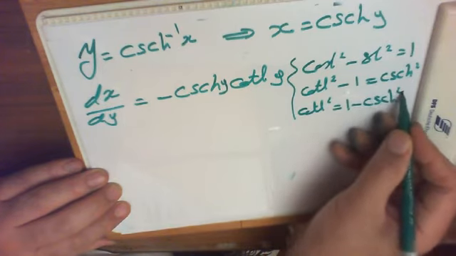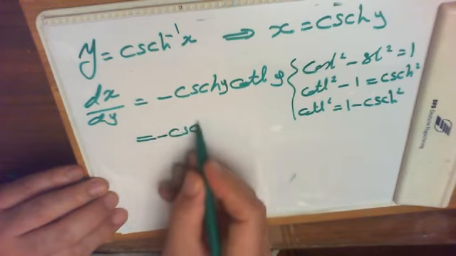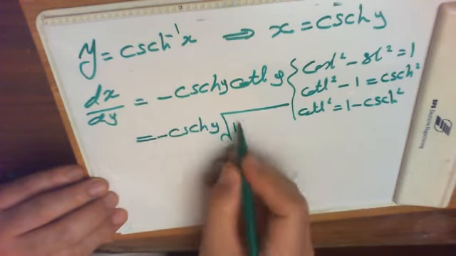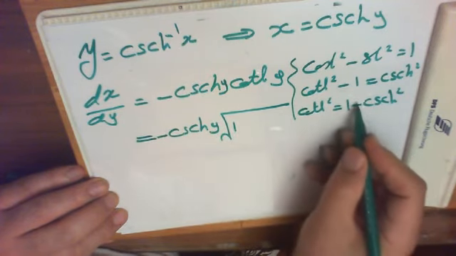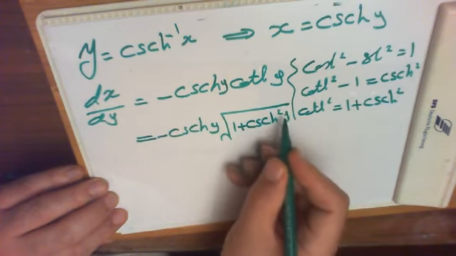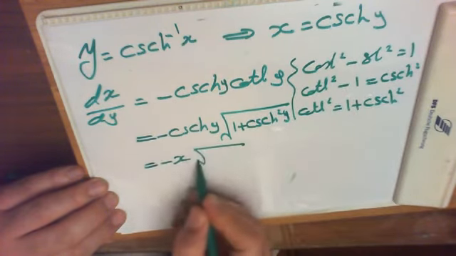So we can replace coth by the square root of 1 plus cosech squared y, but cosech y is x, so it is minus x times the square root of 1 plus x squared.